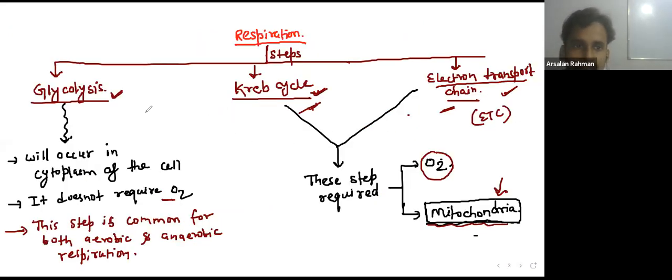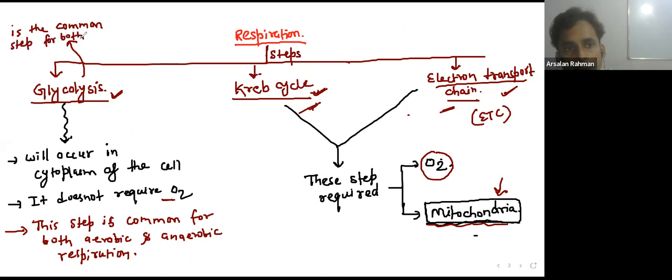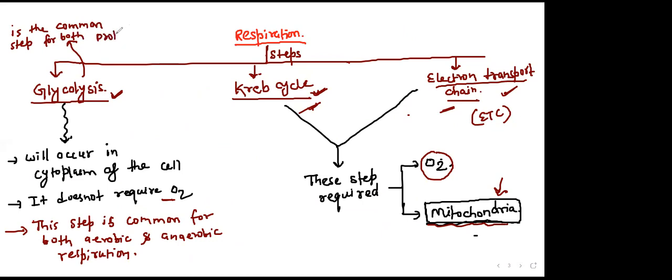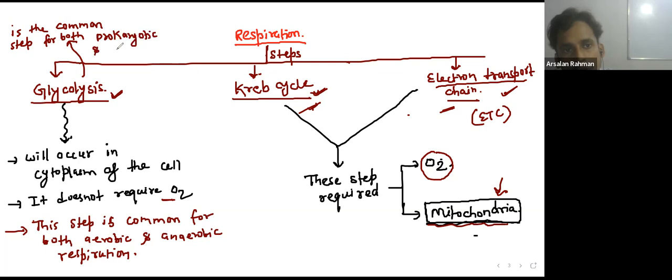That is, glycolysis is the common step. I can write: glycolysis is the common step for both prokaryotic and eukaryotic cells.